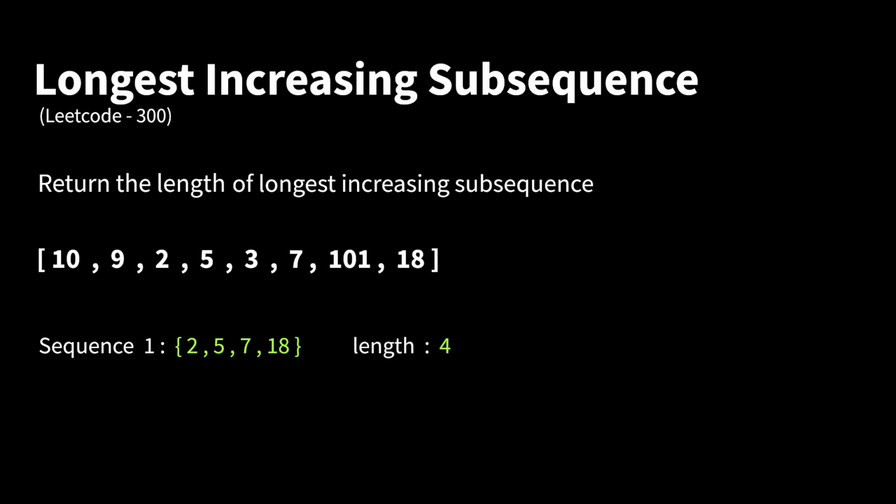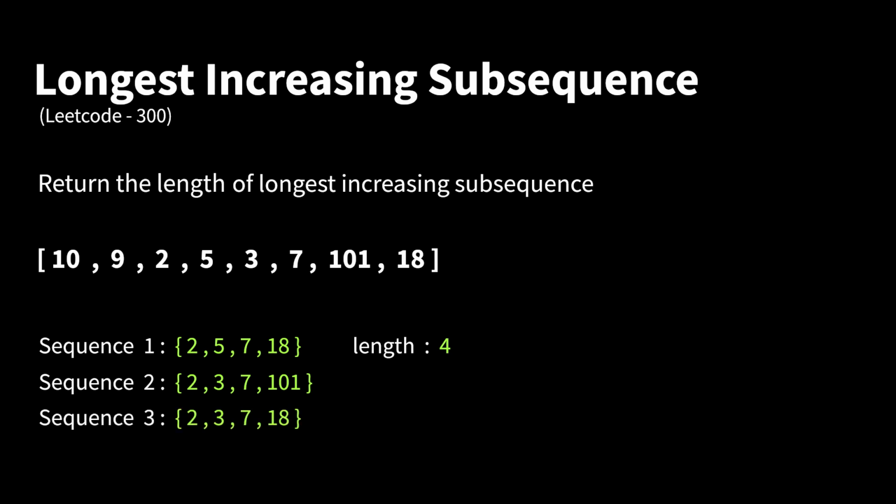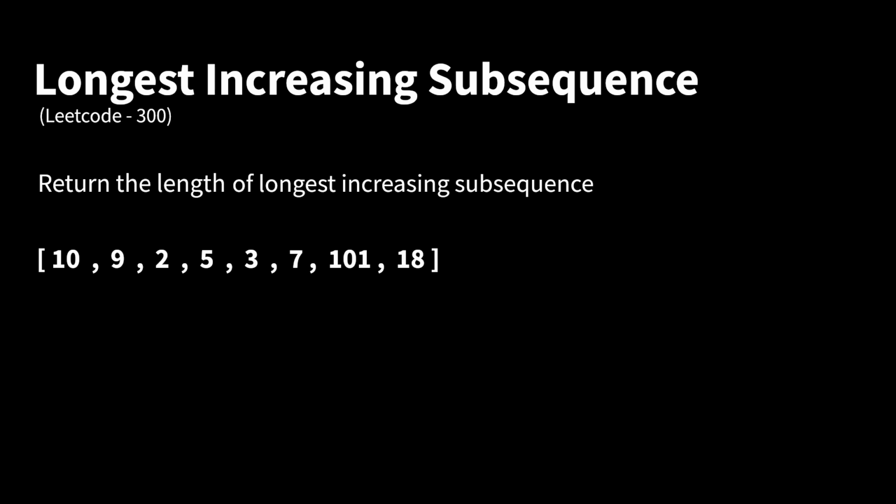You could also take other numbers: 2, 3, 7 and 101, or 2, 3, 7 and 18, or 2, 5, 7 and 101. So there are multiple options here. You just have to return the length of it. In all these scenarios, the length is 4.